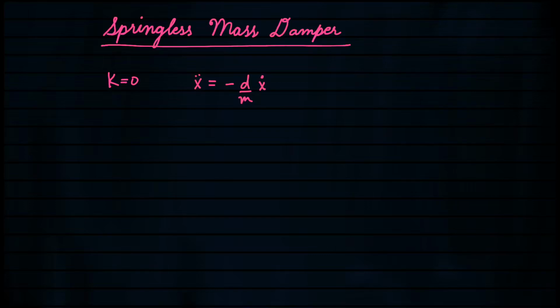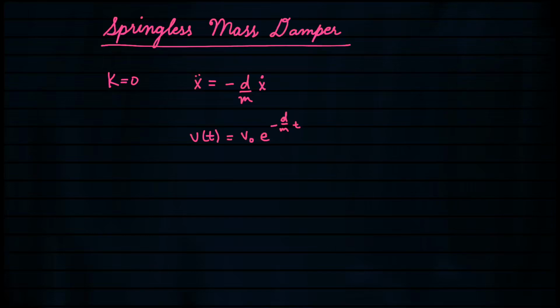And so if we do that and we solve this equation, then we will get an equation for velocity where we have our initial velocity times e to minus d over m times t.